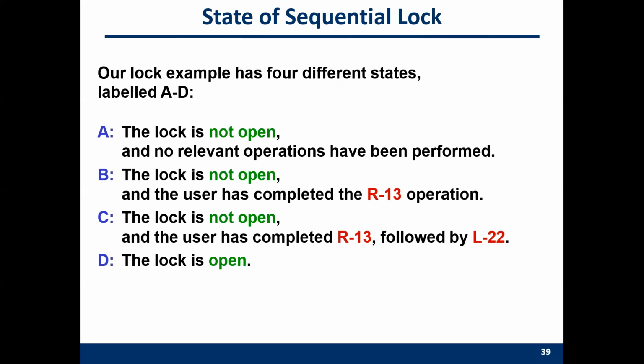So the example of the lock has 4 different states. We call the 4 different states A, B, C, and D. For A, B, C, the lock is not open. Only for D, the lock is open.